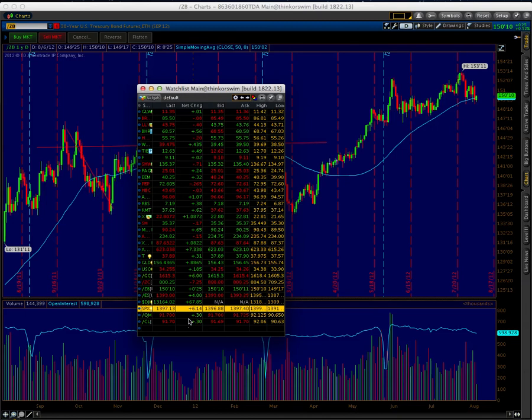Corn has retraced back from its resistance level, is down 7.5 points. Gold is up, and oil is up. Okay, here, we've loaded.